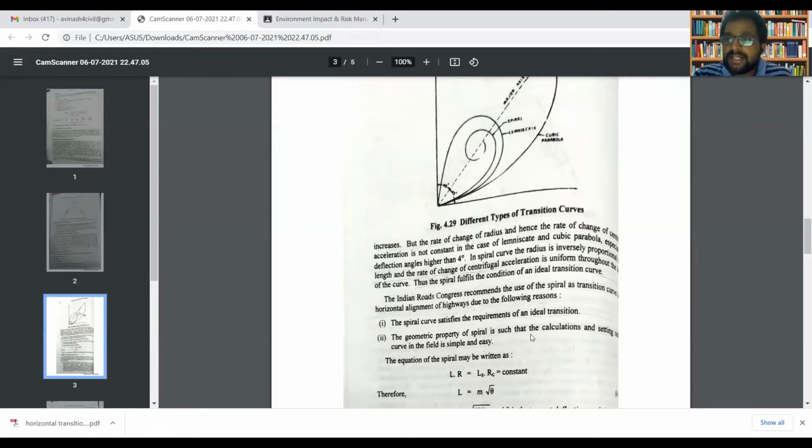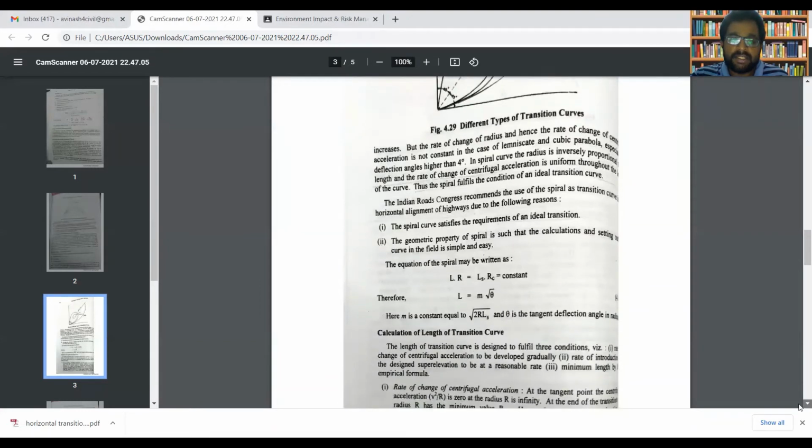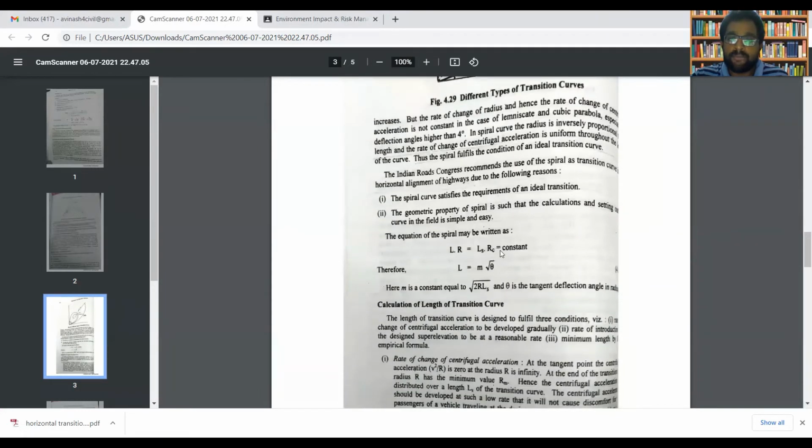So the geometric property of the spiral curve enables the calculation and setting out of the curve in a very simple and easy manner. You can write the equation of the spiral curve as L into R is equal to a constant, or L is equal to M into root of theta, where M is a constant and theta is the tangent deflection angle.